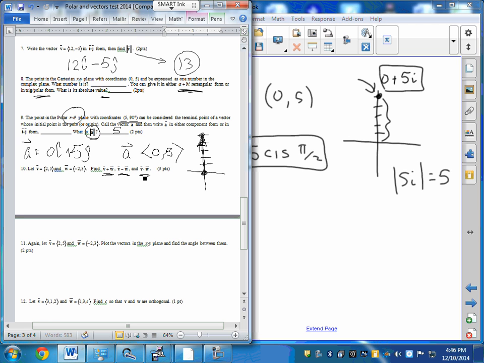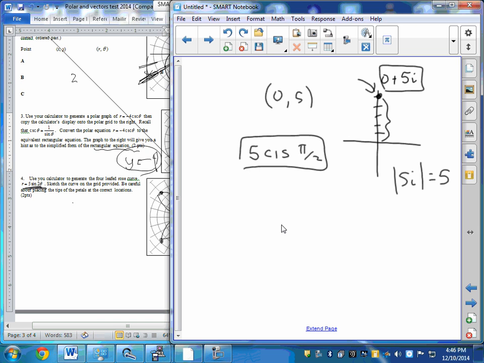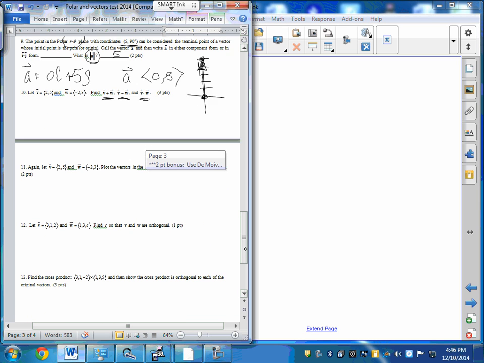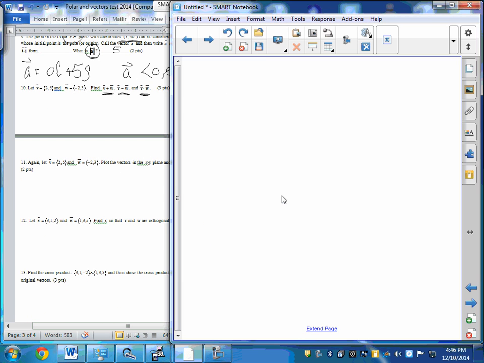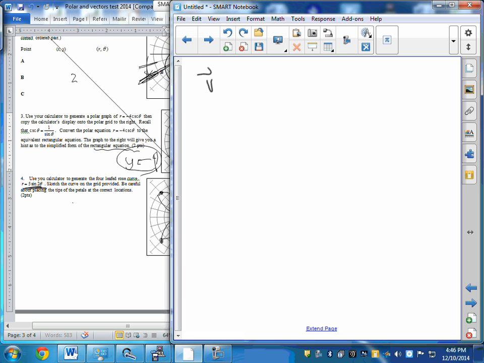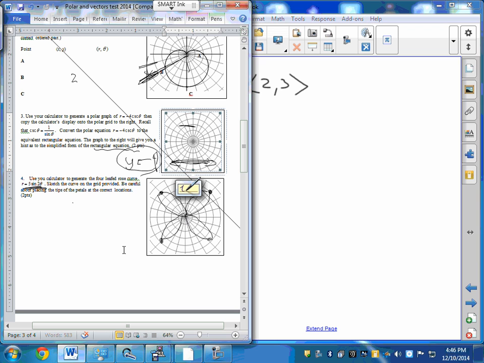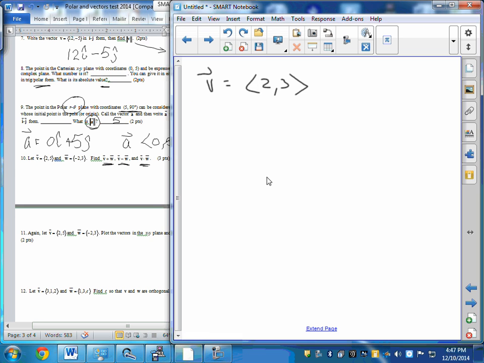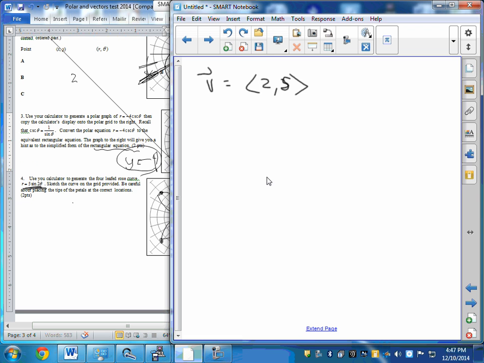Okay, so these three problems look like we're all dealing with adding, subtracting, and dot products. And I'll do that over here. So let's see. This keeps jumping on me. Sorry about that. Okay, so we have vector v, 2, 5.